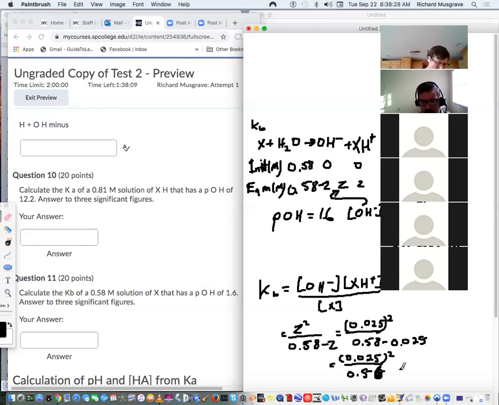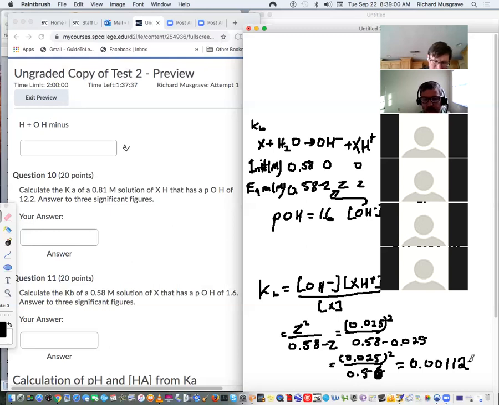So that'd be 0.56, and then that'll give me my answer. So 0.025 squared divided by 0.56. And I'm going to get 0.00112 as my answer. And that will be my final answer for Kb.